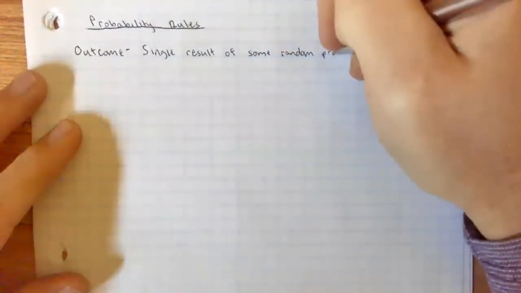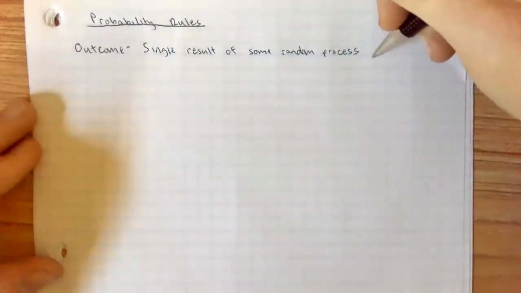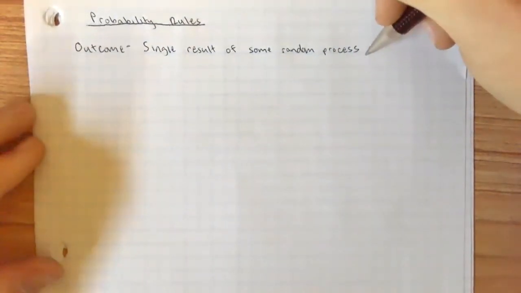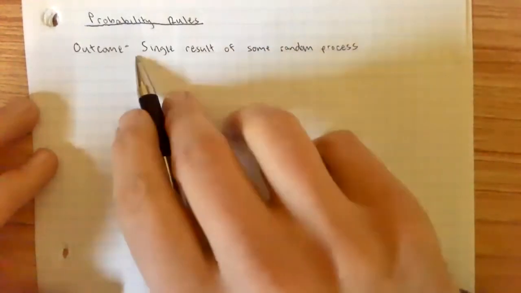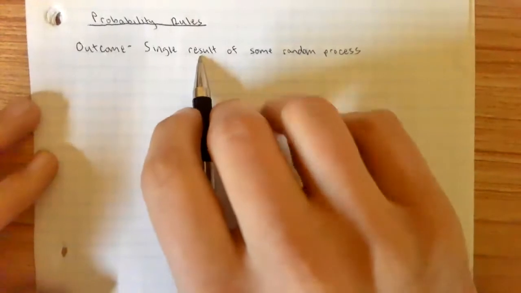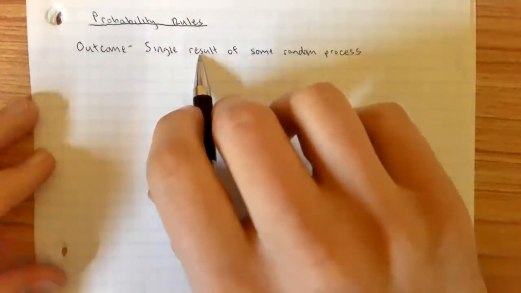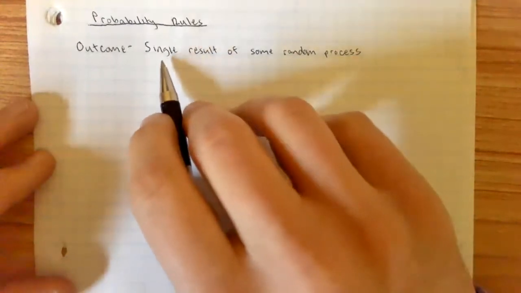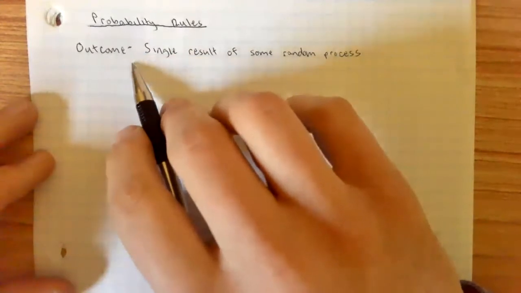That could be flipping a coin, rolling a die, performing a computer simulation. Those will all produce an outcome. An outcome is just one result, a single result. It can't be broken down any further. When we flip a coin, the outcomes are either heads or tails. You roll a die, you have 6 different outcomes altogether. You can roll a 1, 2, 3, 4, 5, or 6.